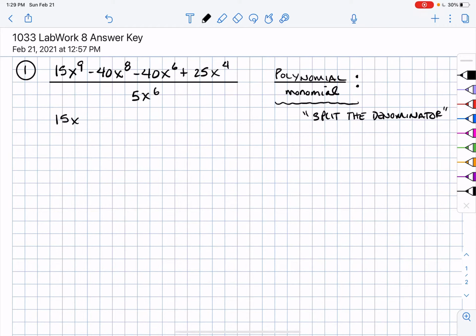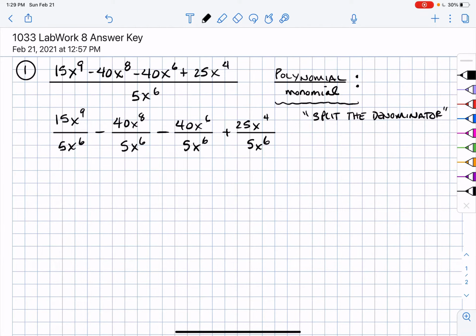So I got 15x to the 9th over 5x to the 6th minus 40x to the 8th over 5x to the 6th minus 40x to the 6th over 5x to the 6th plus 25x to the 4th over 5x to the 6th. Okay, so I'm splitting the denominator.